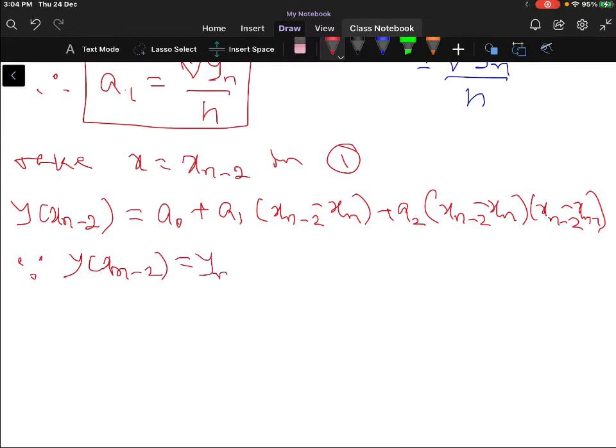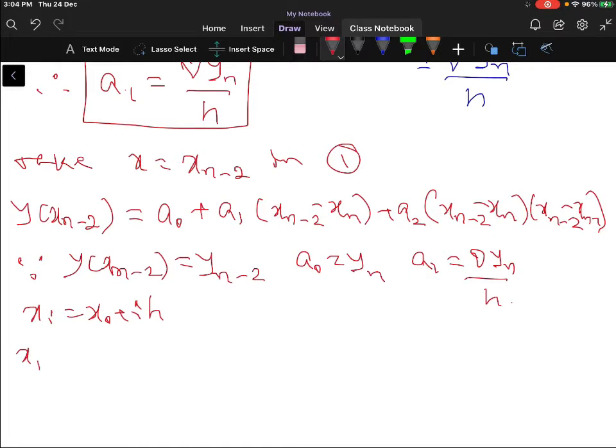Since y of xn minus 2 is equal to yn minus 2, from the definition of interpolation, a0 is equal to yn and a1 is equal to nabla yn by h. And we know that xi is equal to x naught plus ih.